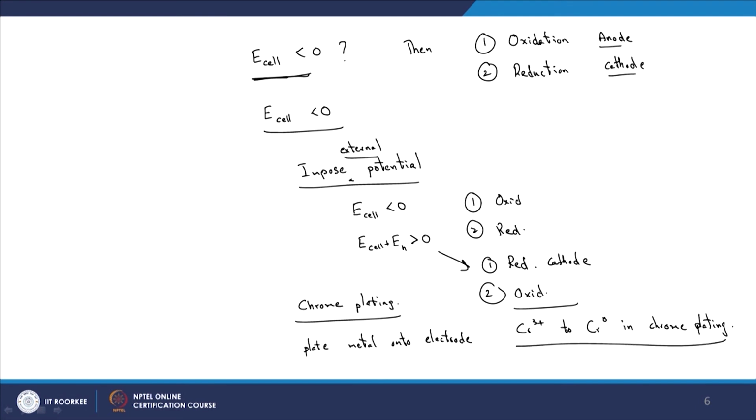How do we go about chrome plating? I want to be able to reduce Cr3+ to Cr0, the neutral species, and this reaction is not favorable. So how do I make that happen? I make that happen by imposing an external potential.